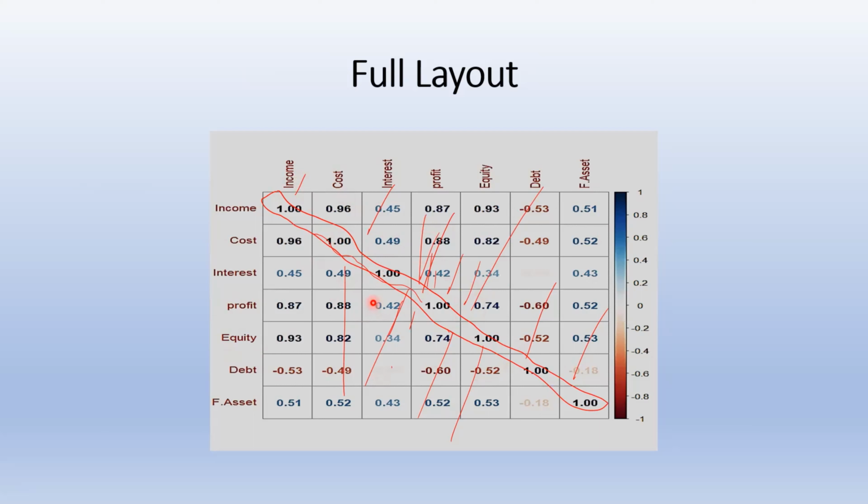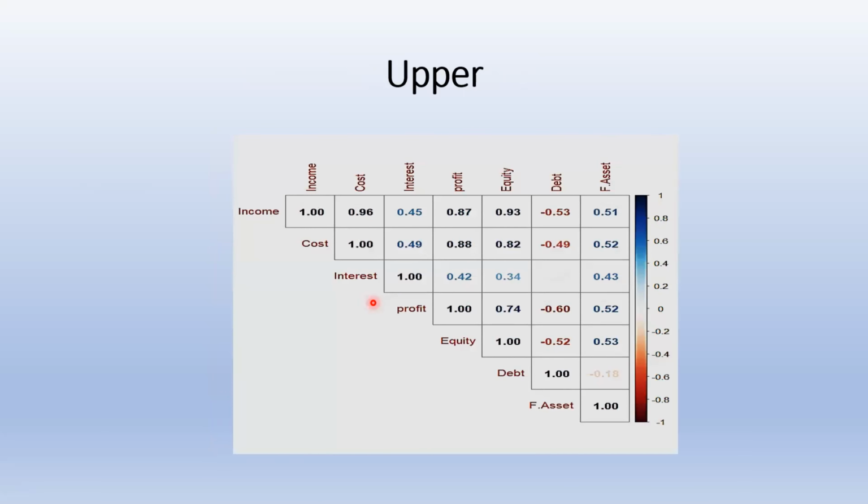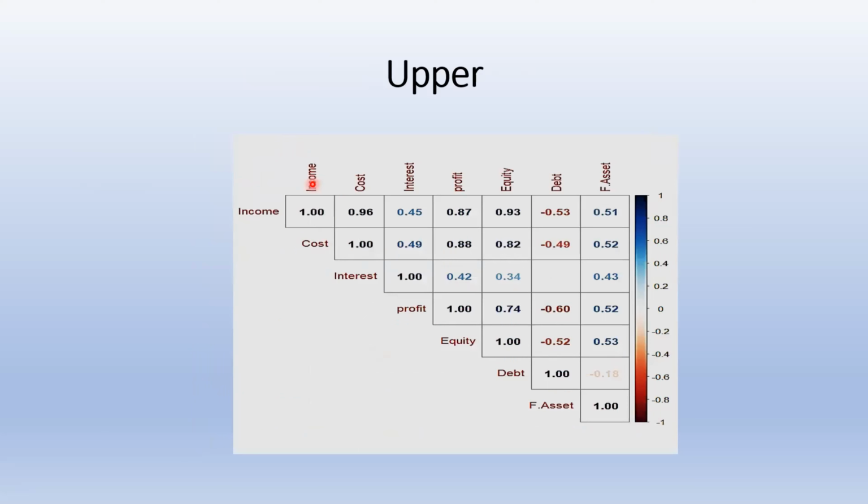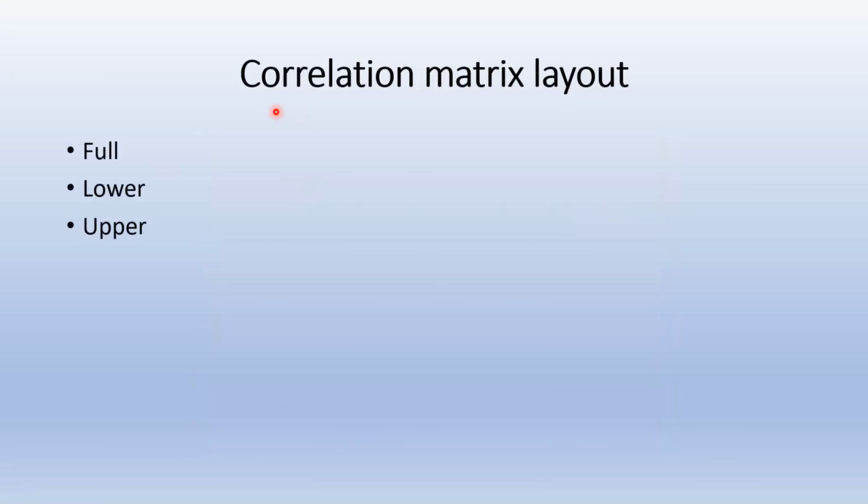So we can show a correlation matrix in terms of this full layout, or we can show it in terms of the upper layout, or we can show only the lower part. So this is about the correlation matrix layout. Try to remember: for the correlation matrix layout, there are three methods: full method, lower method, and upper method.